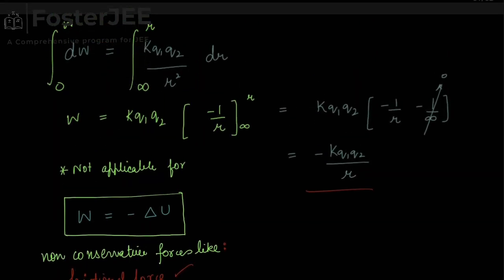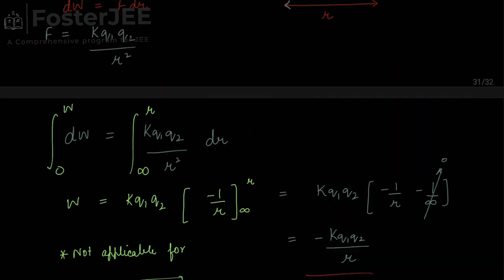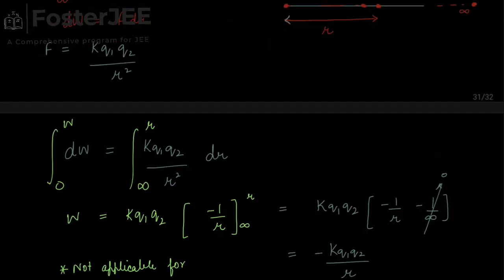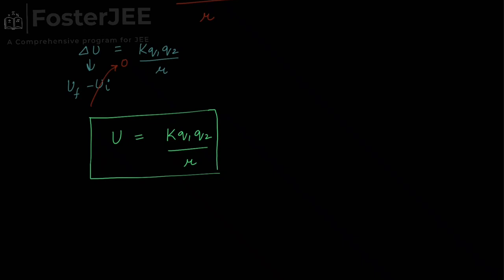And again, since initially the charges were at very far distance, there was no force between them and hence no interaction energy. So initially the potential energy was 0. Finally, U final, or U, is kq1q2 upon r. Hence we are able to get the expression for potential energy between two charges.